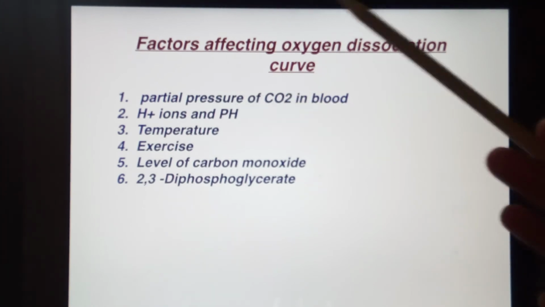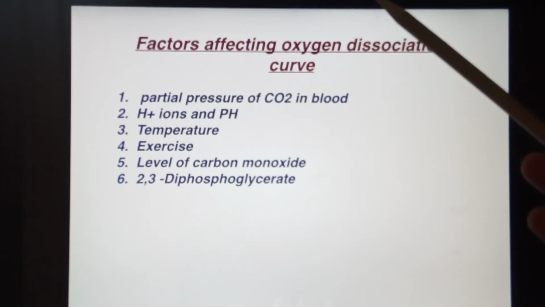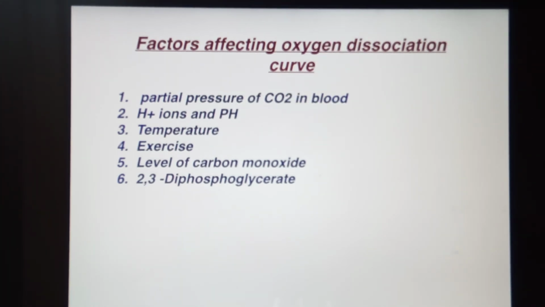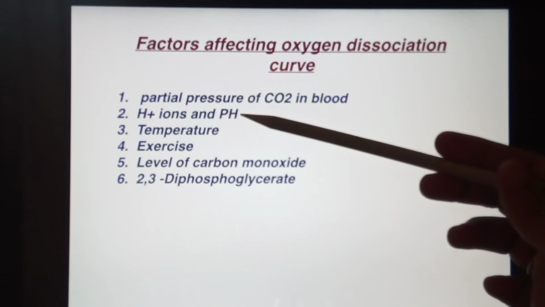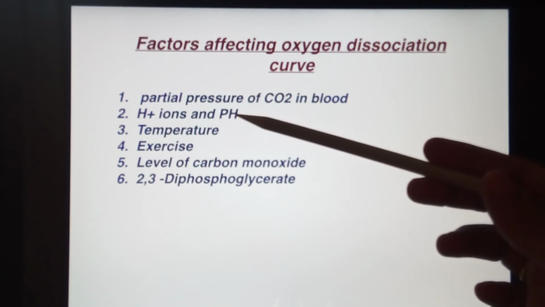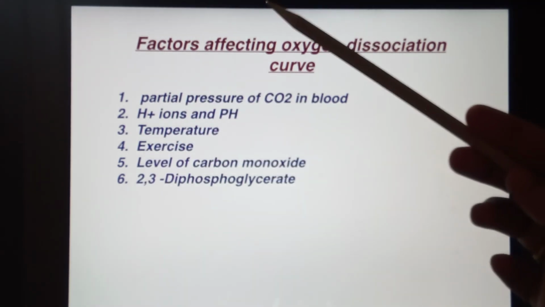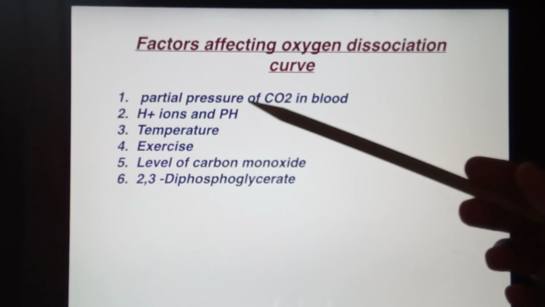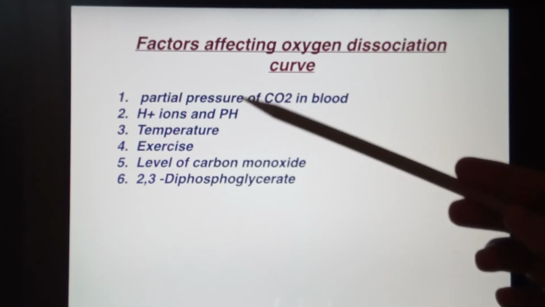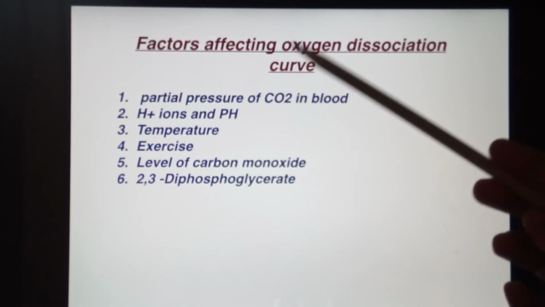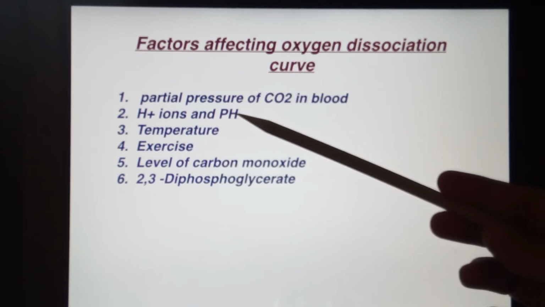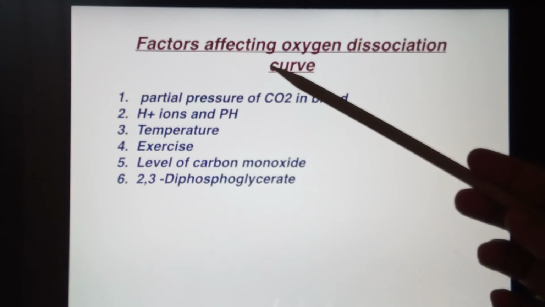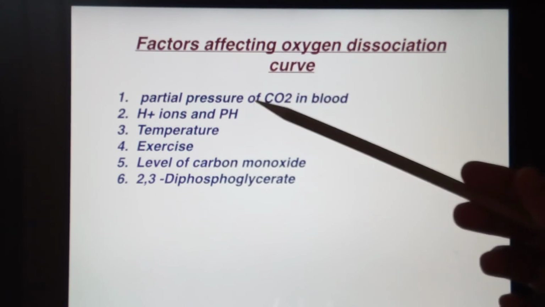H plus ion also attaches with hemoglobin, so the affinity for oxygen decreases again. And what about pH? When hydrogen ion increases, pH goes down. So a question arises: when pH becomes high, does the affinity for oxygen increase or decrease? When pH is high, oxygen affinity increases.